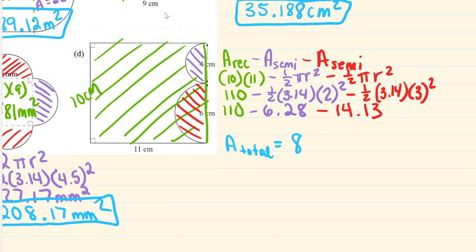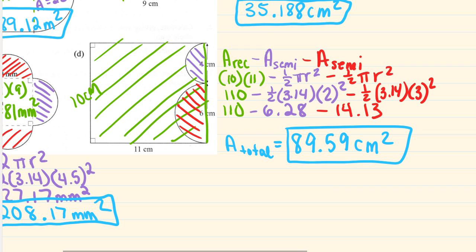That's 89.59. Now, if you look at the picture, we were talking about centimeters, so this is going to be square centimeters. Since we only have 2 decimal places, we won't have to round it to 3. And that concludes problem 6, geometry page 8. Alright, see you later.